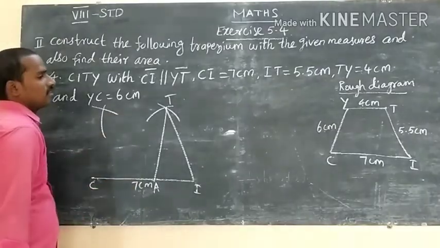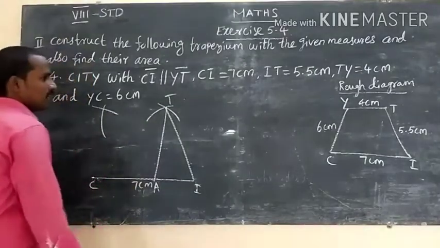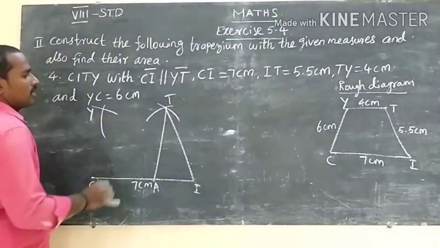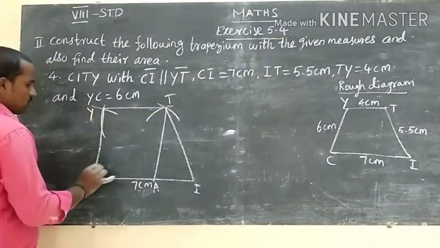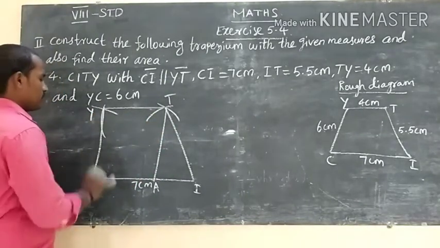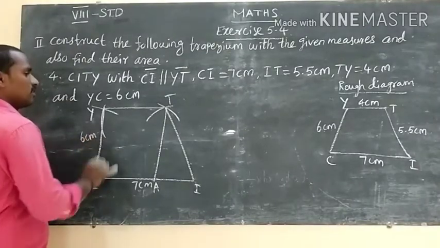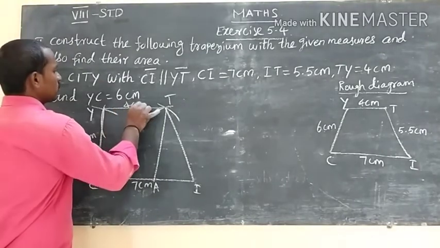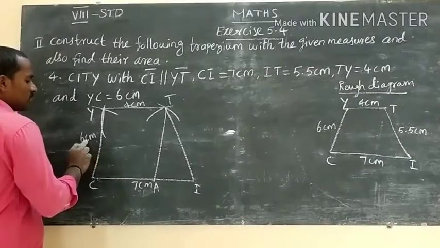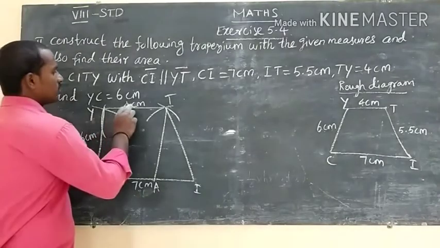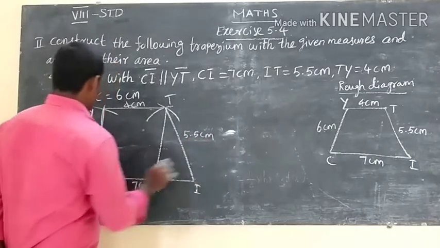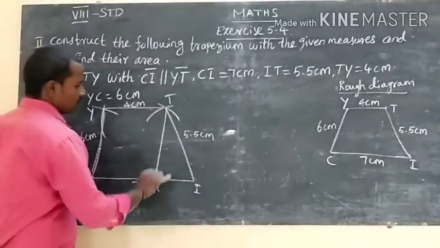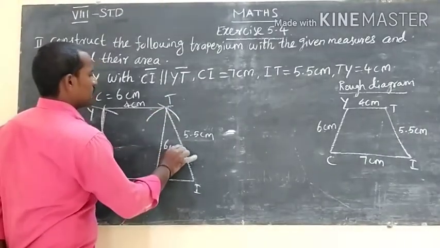The two arcs intersect at Y. Then join YT and YC. Also write the given measurements. This is 6 centimeter. This is 4 centimeter. Then 5.5 centimeter. This is equal to this value, the 6 centimeter.